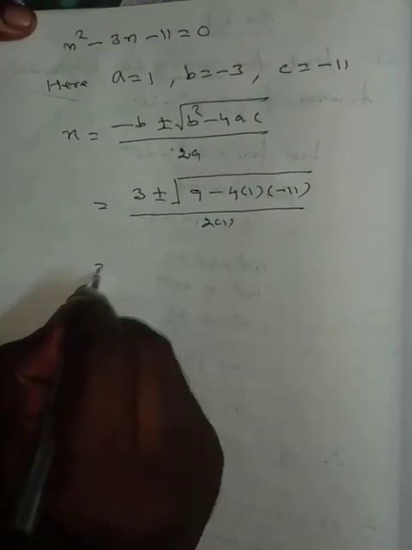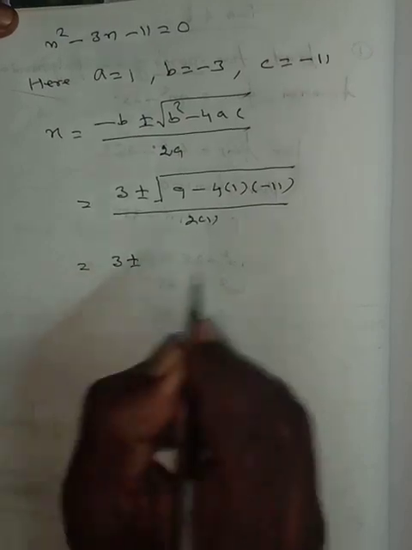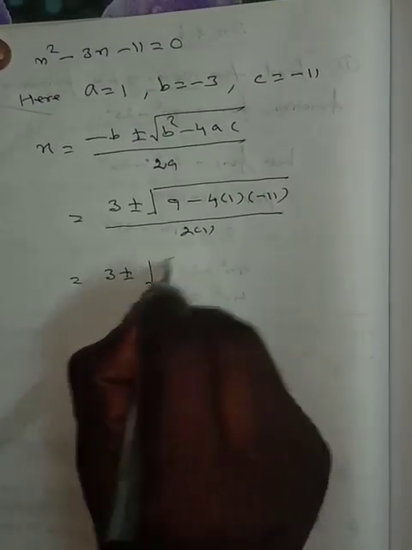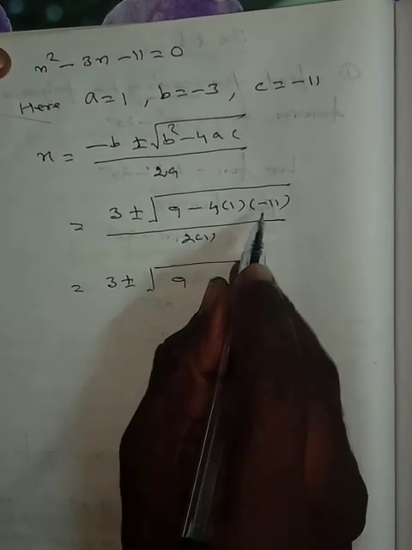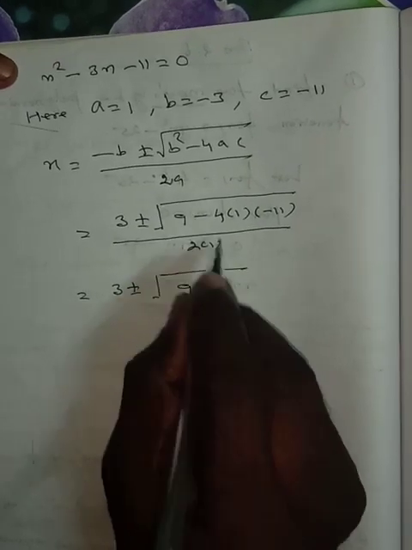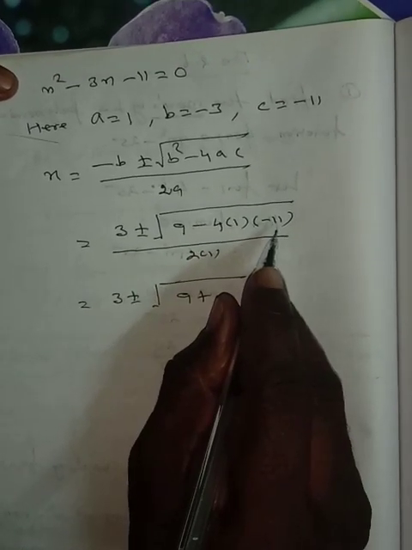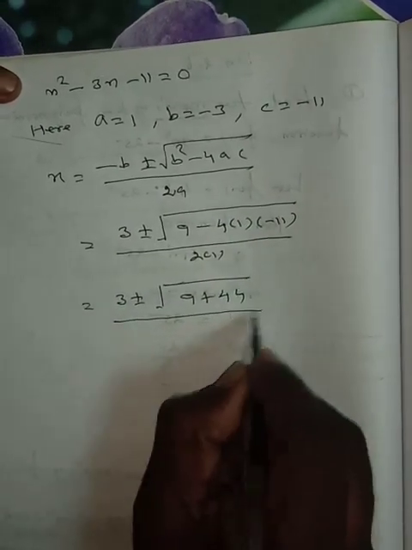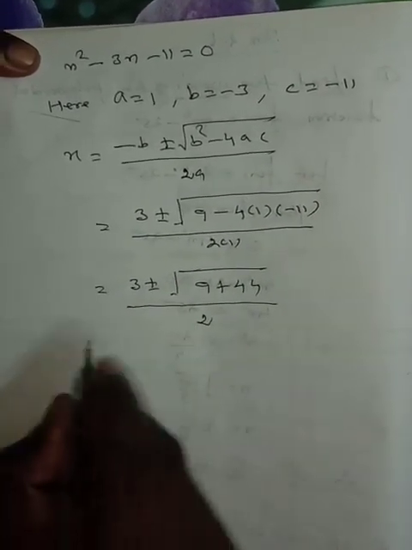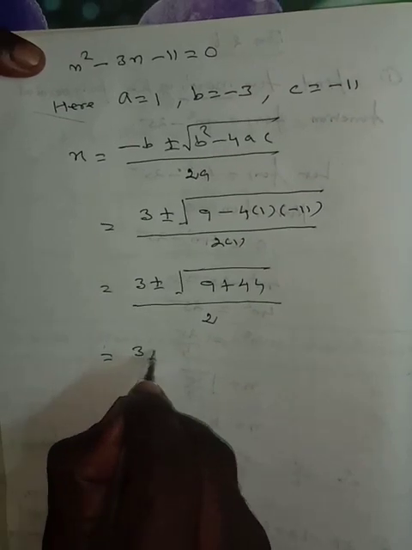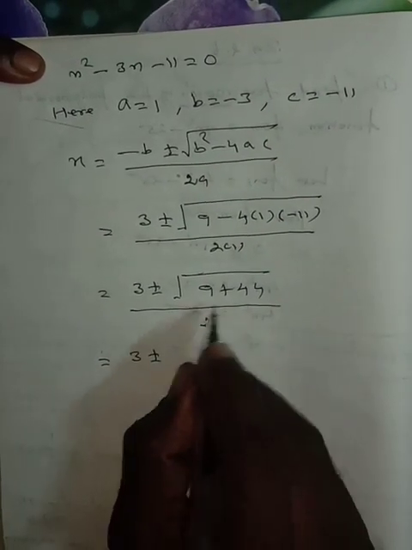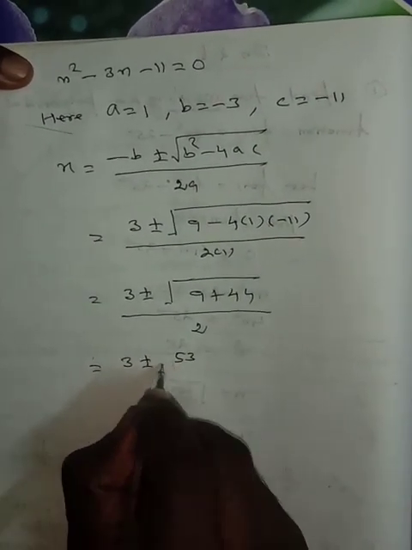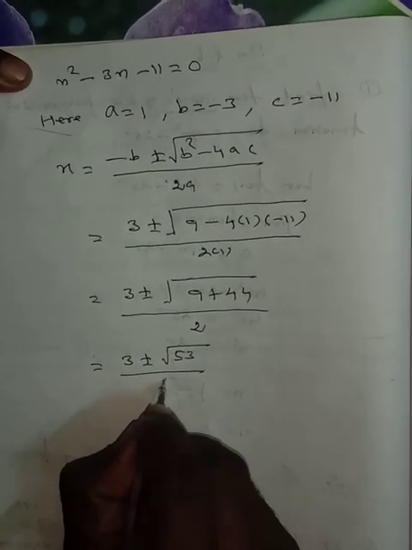This is equal to 3 plus or minus root of 9 plus 44, divided by 2, which is 3 plus or minus root of 53, divided by 2.